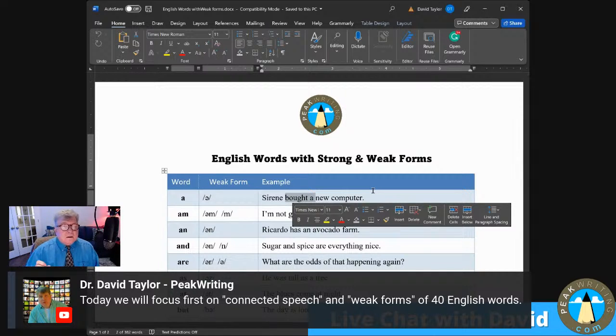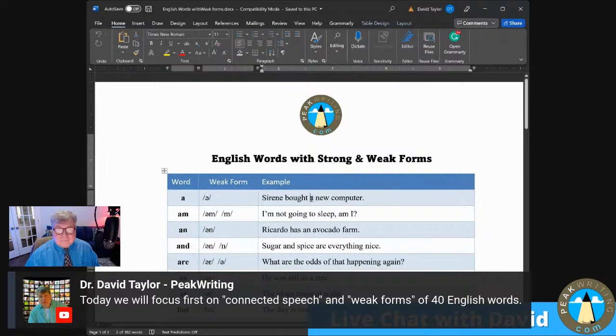In really fast speech, it's not just "I bought a." You will actually hear the T and the a go together: "I bought a new computer." So that "boughta" is almost a single word.